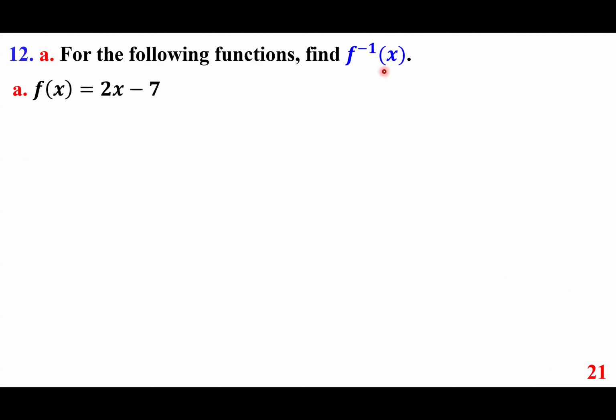For the following function, f of x equals 2x minus 7, find f inverse of x. Let's go through the process. Number one, we are going to call this y in order to make it easy to work with that. Number two, interchange x and y.